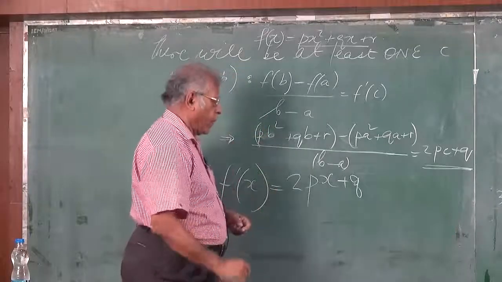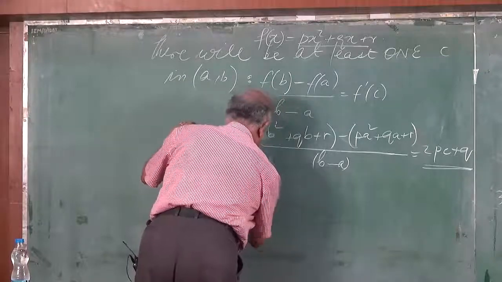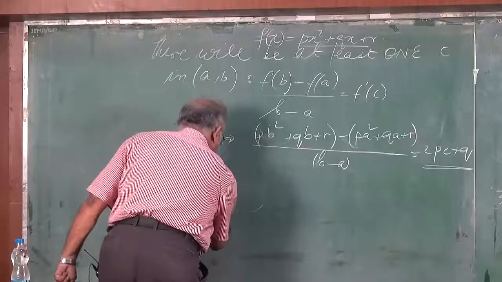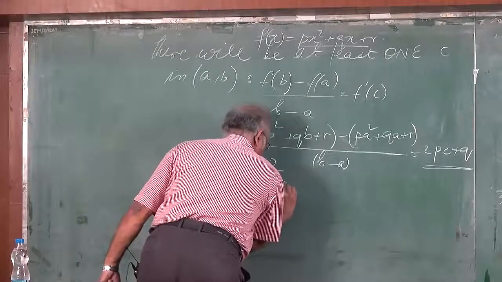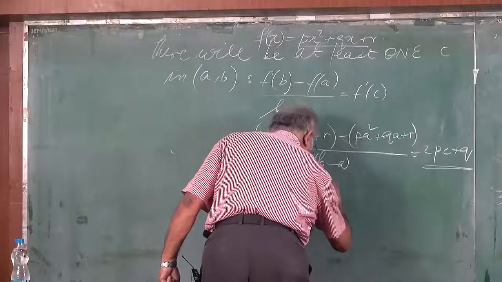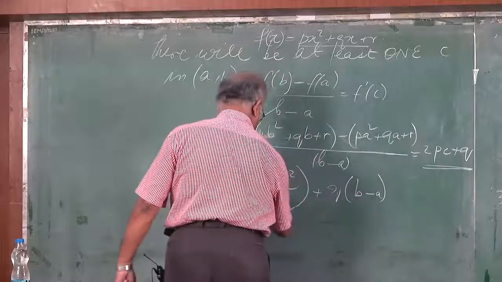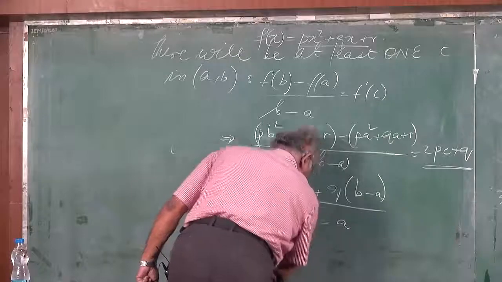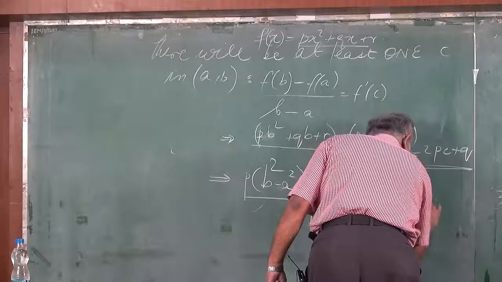Now, if we rub out this part and simplify the algebra, the numerator is, this implies p into b square minus a square plus q into b minus a over b minus a is equal to 2p.